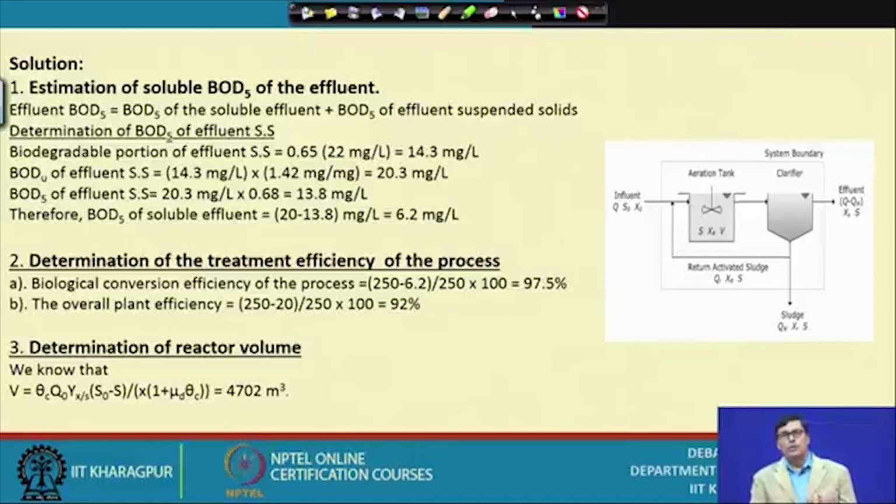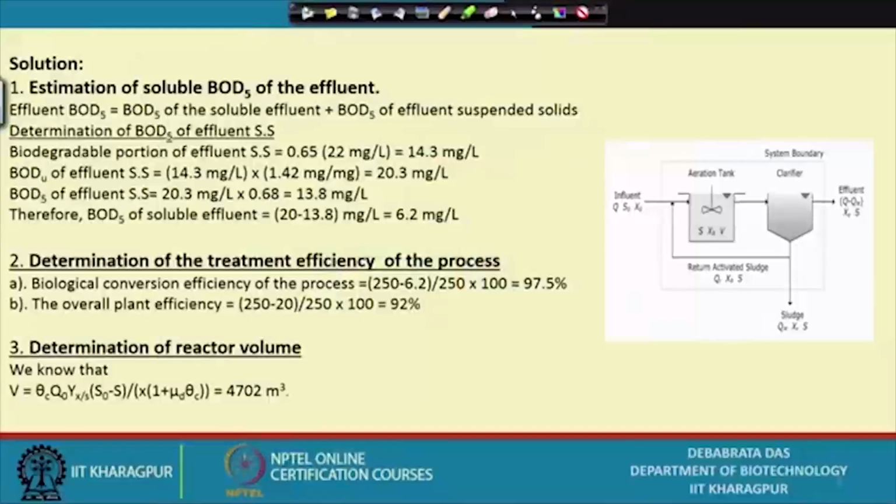So, when you do any kind of process design, the first parameter you shall have to monitor is the conversion efficiency of the process. The second parameter we shall have to find out is the volume of the reactor.